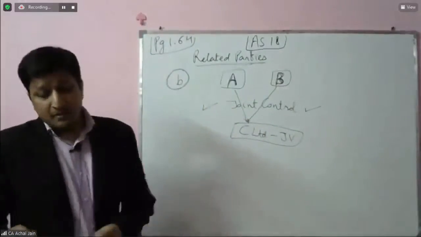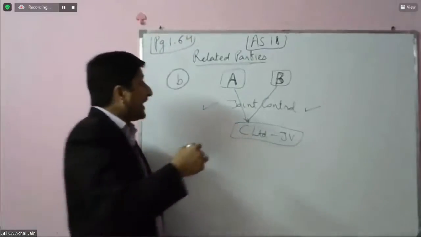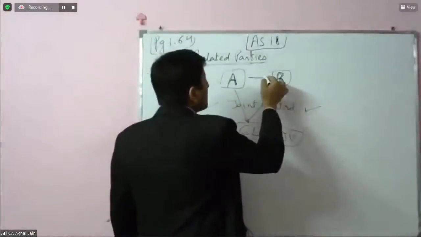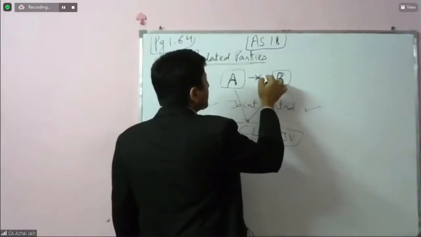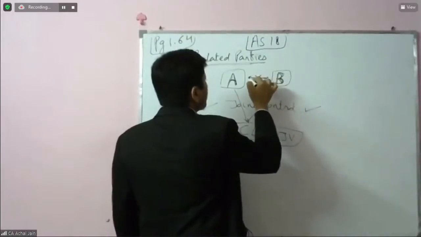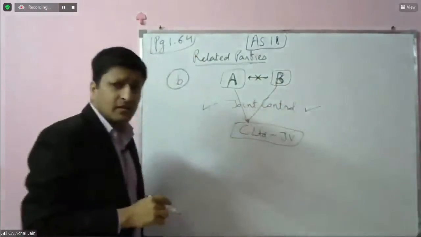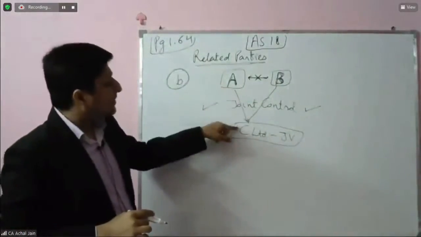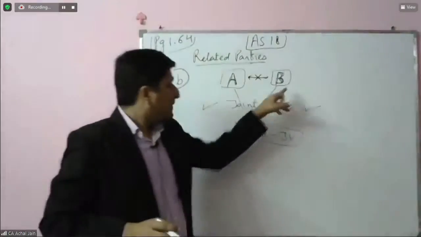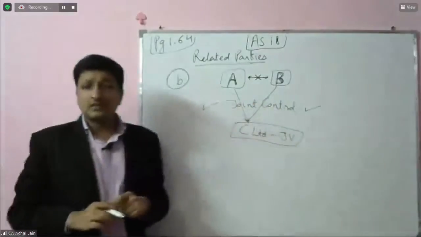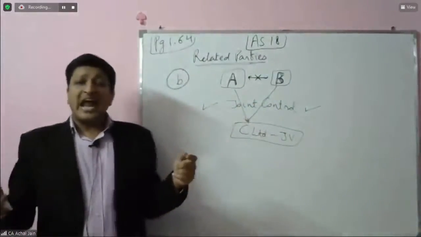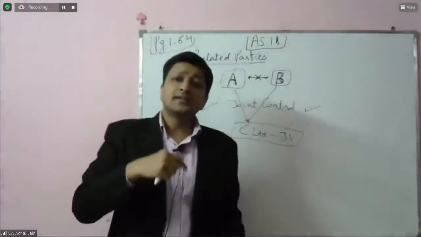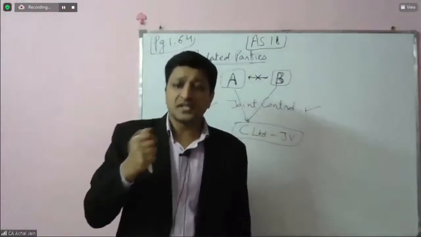But please remember, A and B will not be considered as related to each other. Why? Because A has got joint control over C, B has got joint control over C, but as regards A and B, they don't have anything amongst each other.